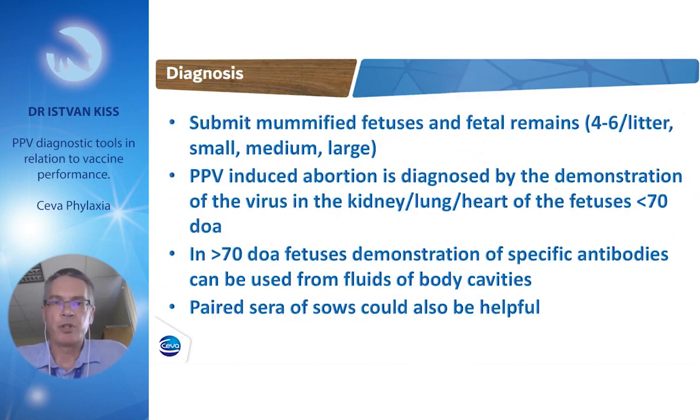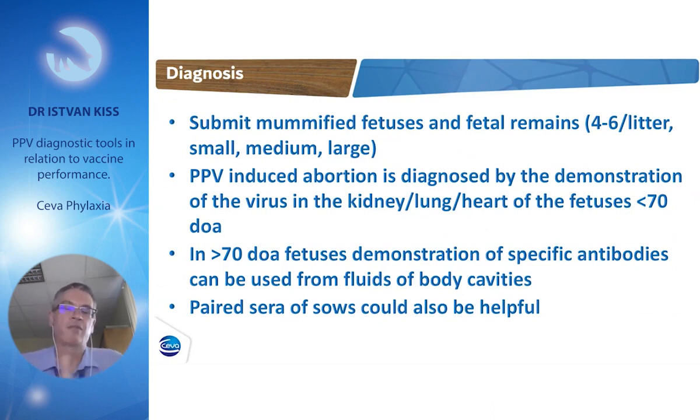From a diagnostic point of view, I couldn't really tell any newer information that you already know, but maybe repetition is the mother of knowledge, that the best is to submit fetuses when you suspect the presence of PPV. You saw the pictures before.